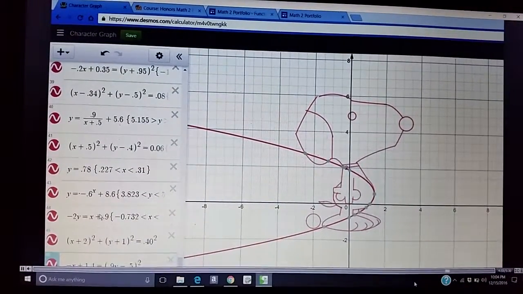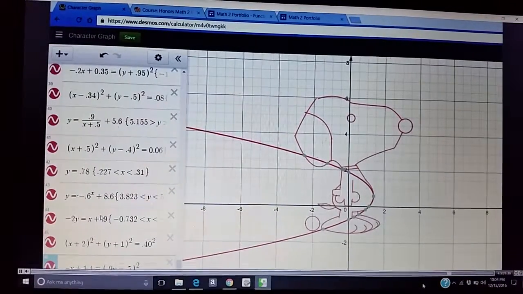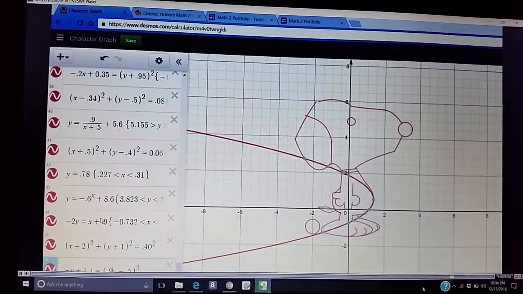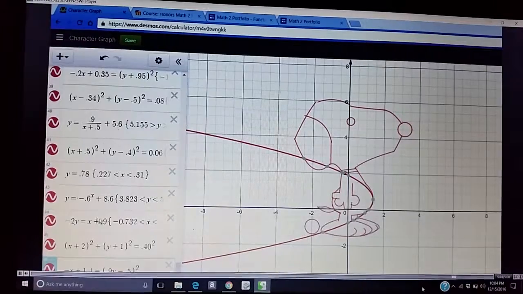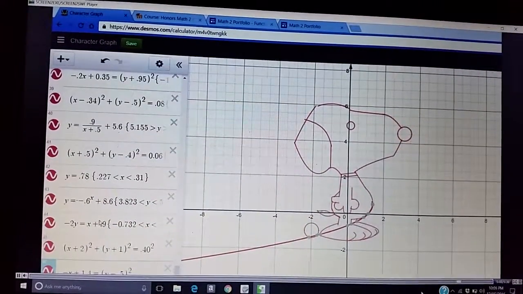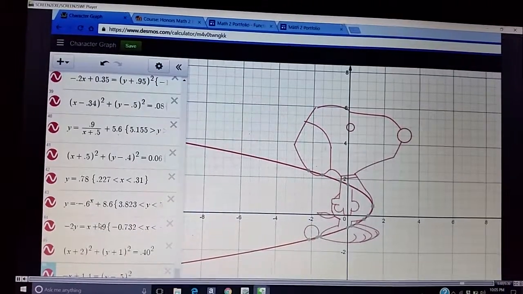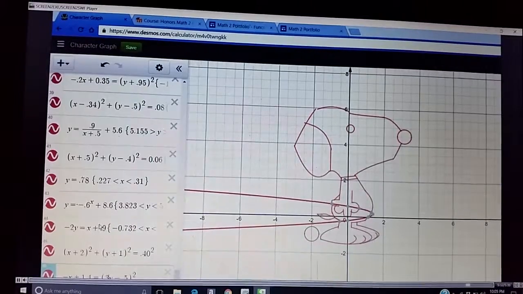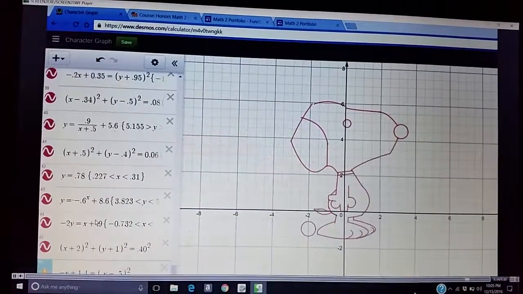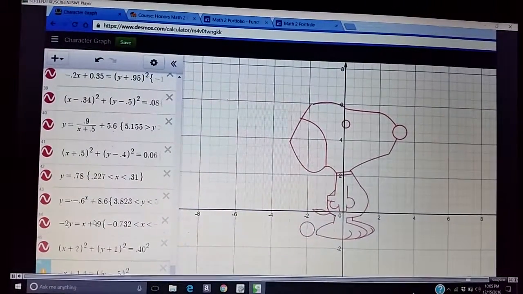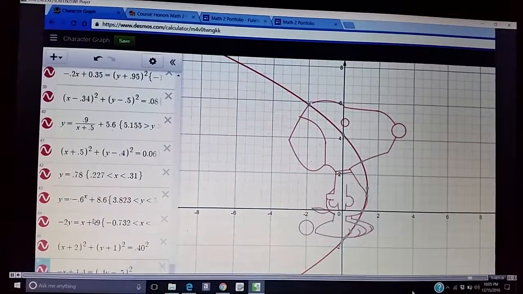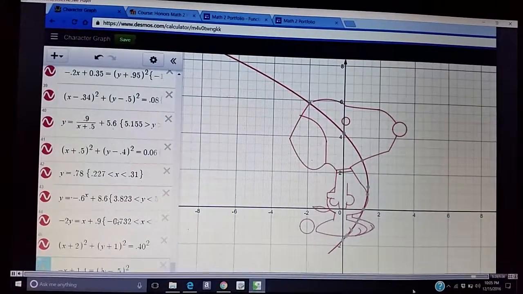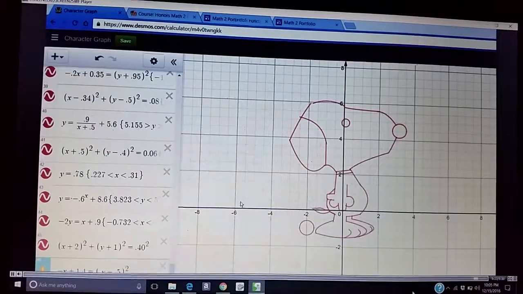And then all you have to change to compress or stretch was the number before the y right here. To compress it, you'd use a larger number, and to stretch it, you would use a decimal number or a smaller number. And that is all, I believe.